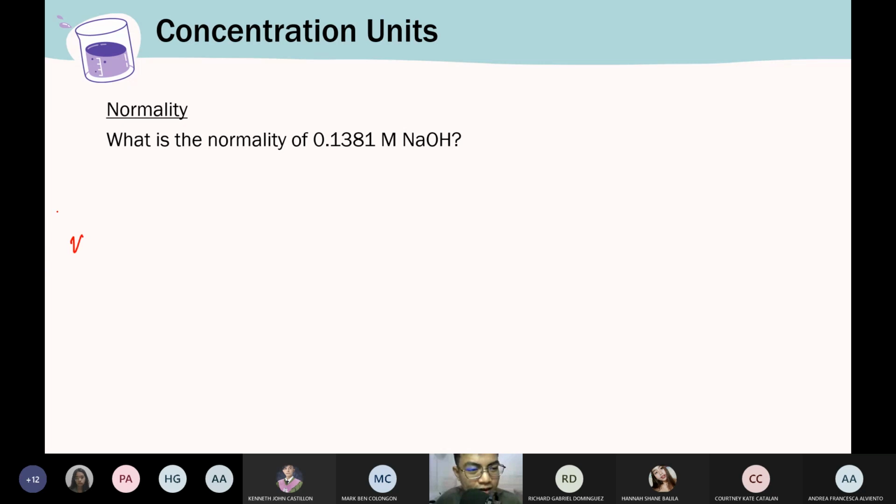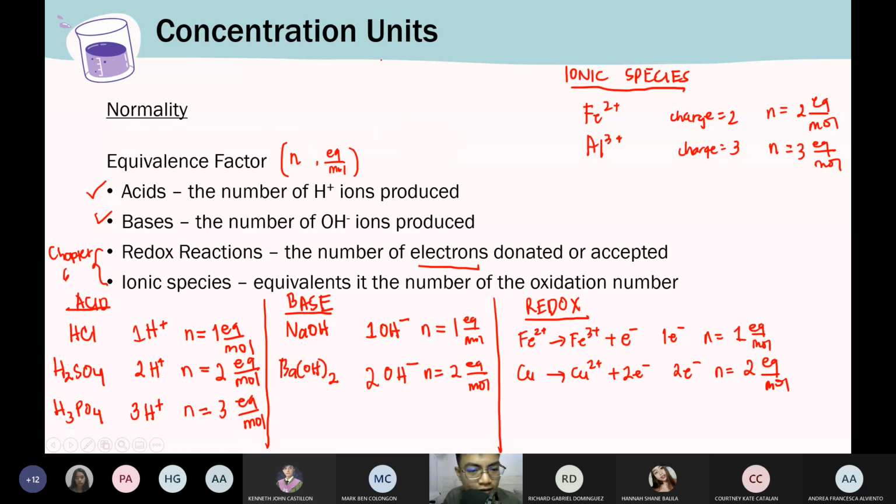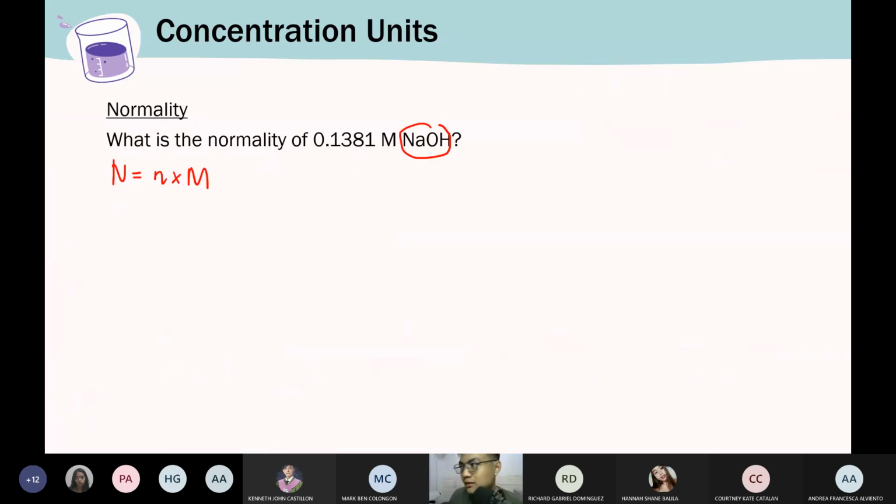Ayan. So, the equation is normality equals equivalence factor times the molarity. Okay? So, what do you think is the equivalence factor for sodium hydroxide? Nasagot na natin to kanina. Nasagot natin. 1. 1 equivalence per mole lang.